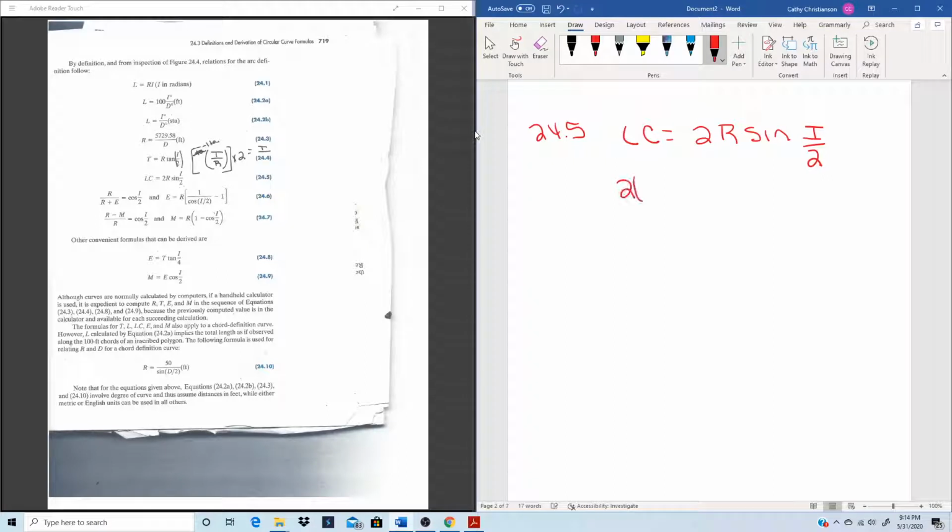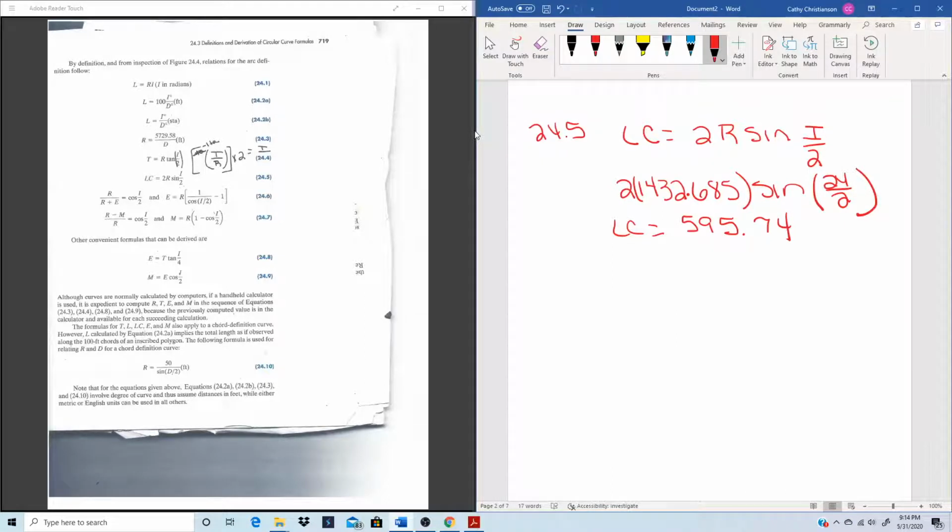So 2 times 1432.685, so I'm bringing my R down, times sine of I, which is 24, divided by 2. So LC would be 595.74.